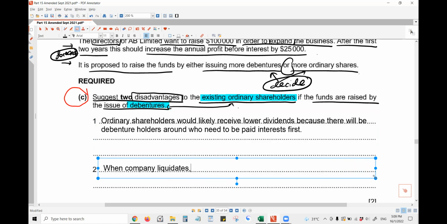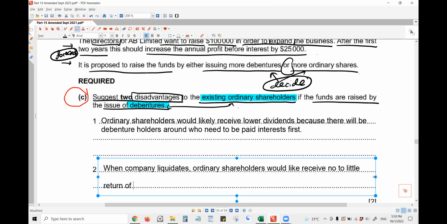When the company liquidates, ordinary shareholders would likely receive no to little return of their invested capital.